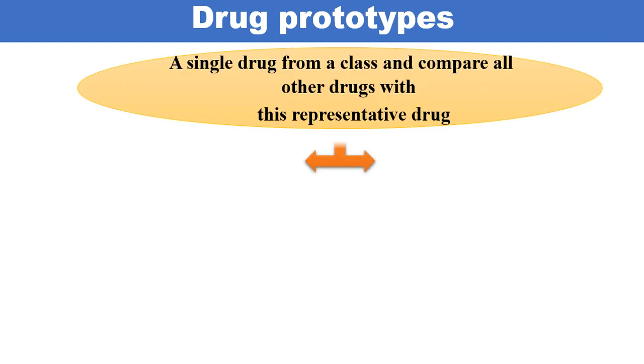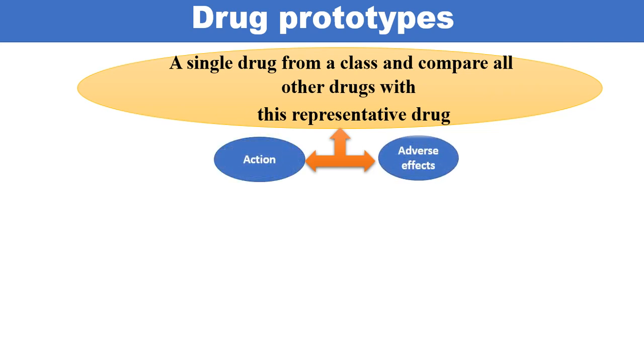Here we have a title, drug prototype, and this is a type of classification where a single drug is compared with the other drugs according to its action, and not just its action but its adverse action.